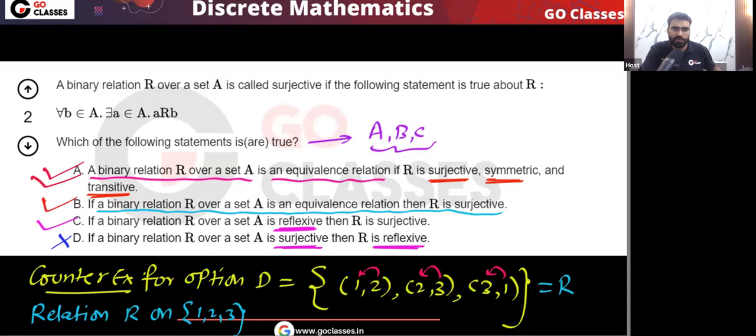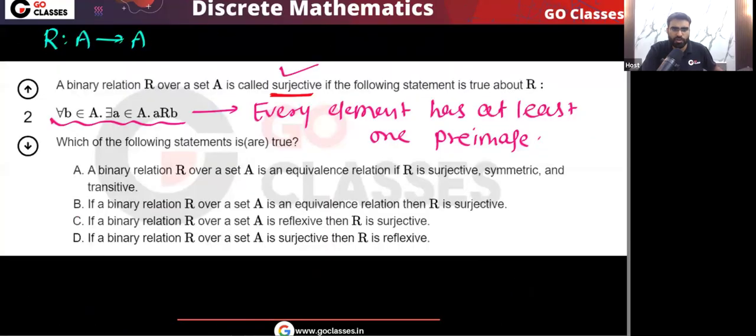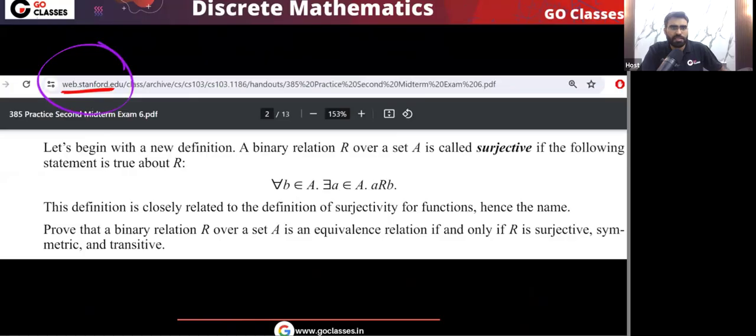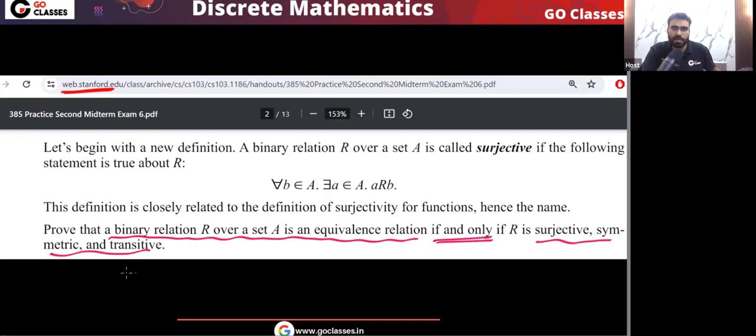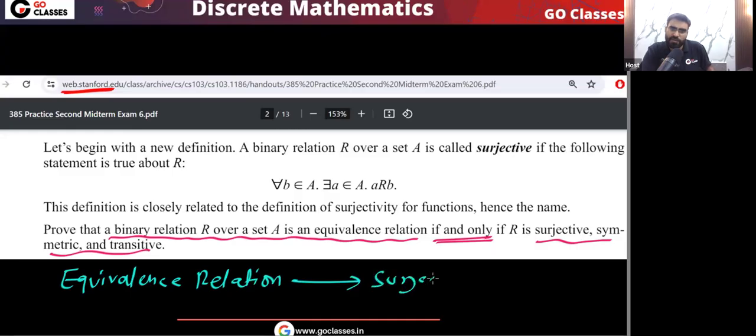That's it. This is your Stanford question. You can see what Stanford University was asking: prove that a binary relation is an equivalence relation if and only if it is surjective, symmetric, transitive. We have already seen that if you have an equivalence relation, that will imply surjective, symmetric, transitive.